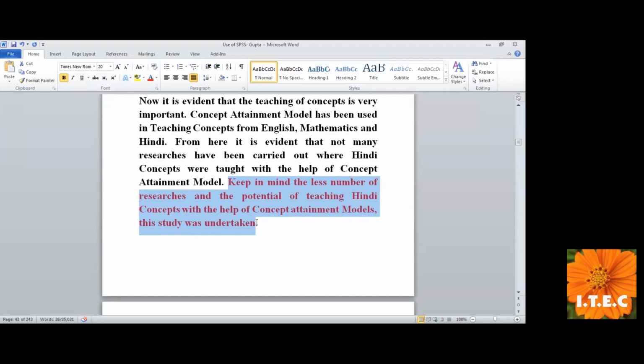Because whatever information you are giving before that, on the basis of that only you will be able to write what I have put in red mark. So this red mark portion is very, very important. And of course, this cannot be written without taking into cognizance what you have written before these statements.